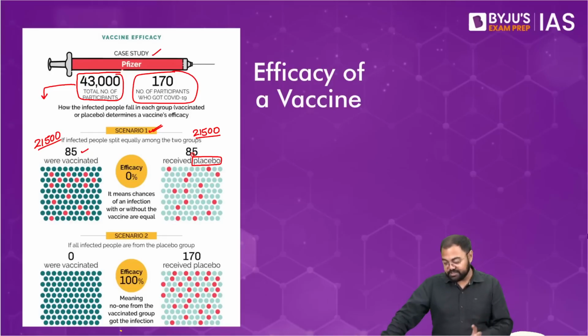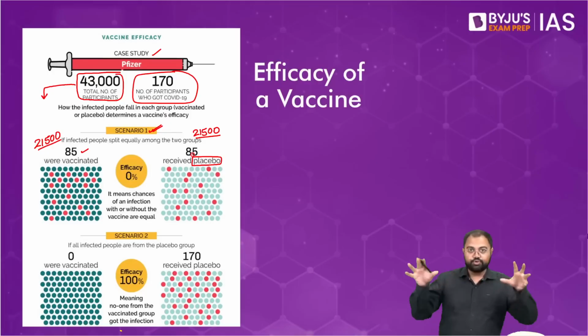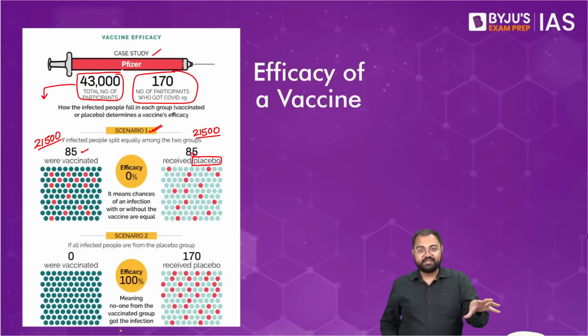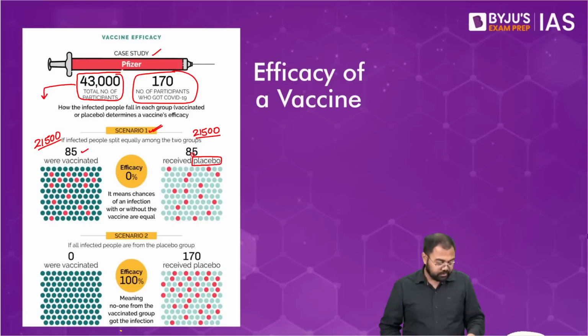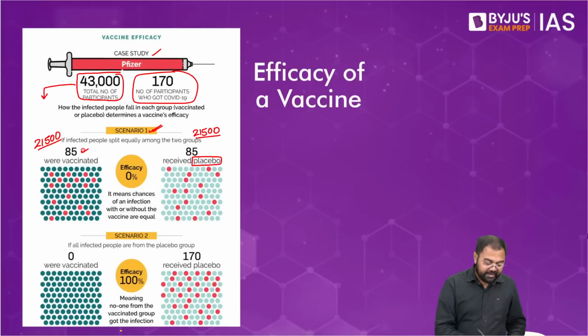So that is what placebo is: your brain does not know, and it believes that it's the actual vaccine or the actual medicine. So what happens is that out of these two groups, one group will be given the actual vaccine, and the second one will not be given the vaccine but rather the placebo, and they don't know that they haven't been given the vaccine.